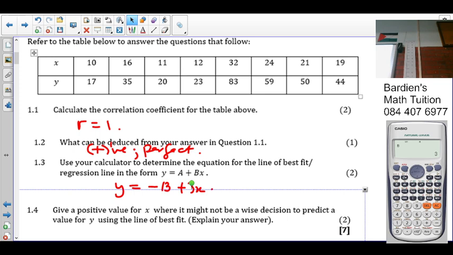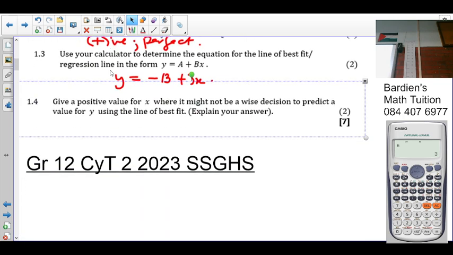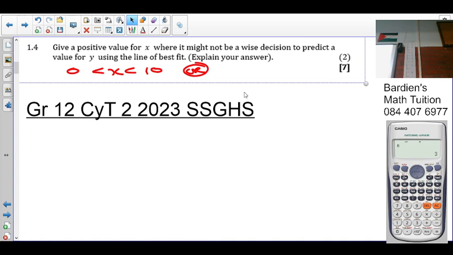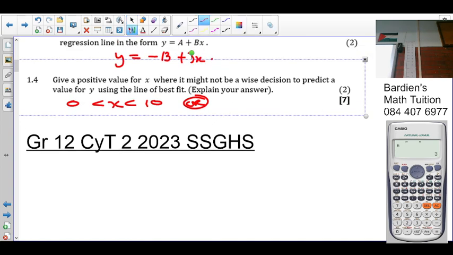So anything between 0 and 10, as long as x is greater than 0 but less than 10, or what's the largest x value? 32. Any value greater than 32 was acceptable. As long as the value is between 0 and 10 or larger than 32, then you should get the mark there.